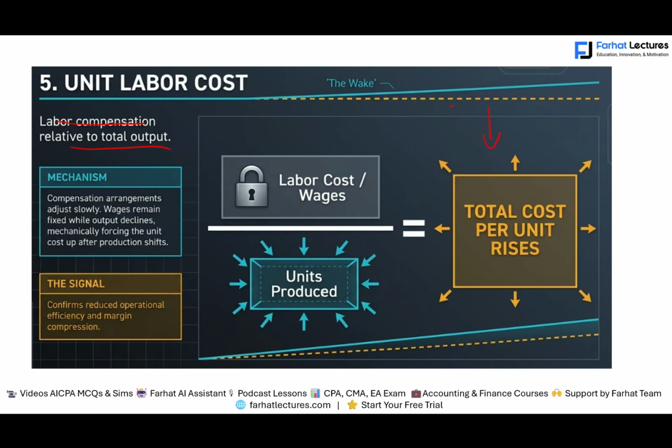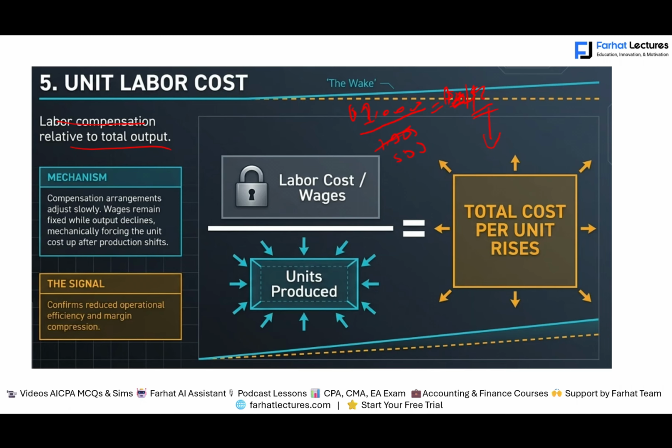If you're not selling, you're not producing. So if you were spending $1,000 to produce 1,000 units, it was costing you $1 per unit. Now, let's assume your production goes down to 500 and you still have to pay $1,000. Now your cost per unit is $2. Your cost per unit doubled. So when your cost per unit goes up, it means you are not being efficient.